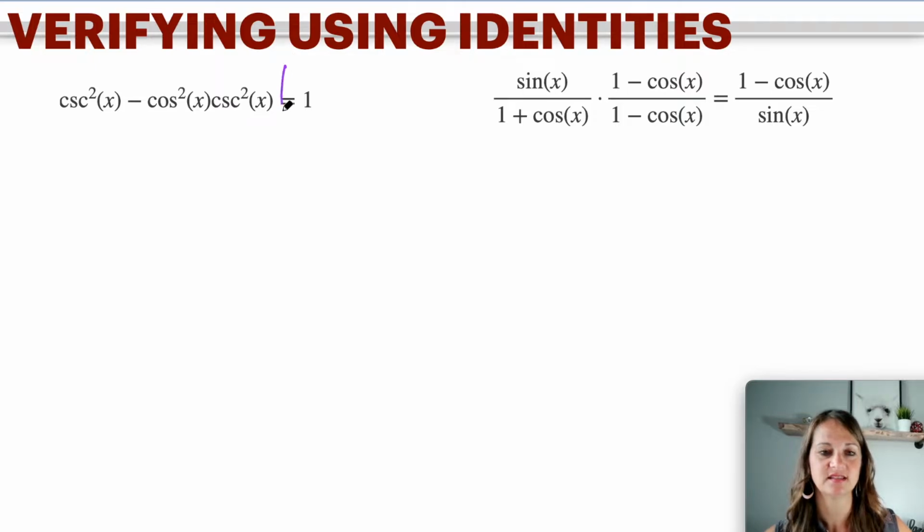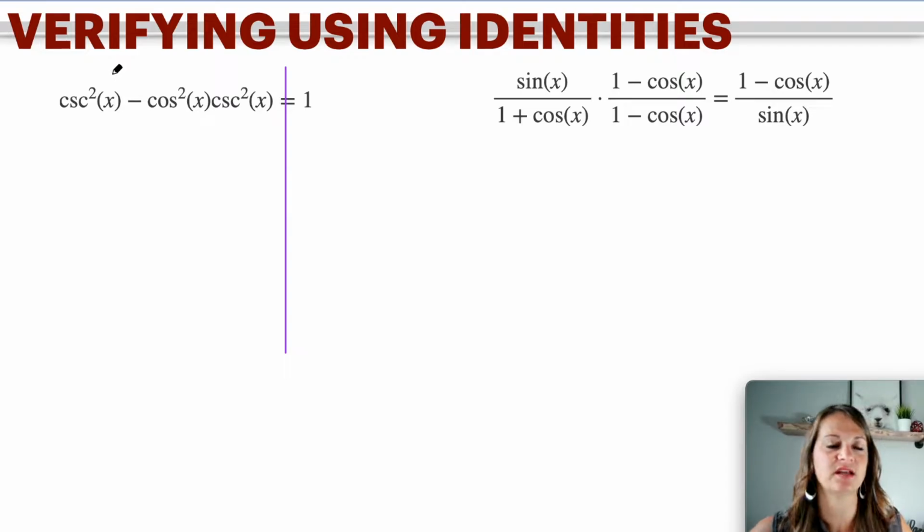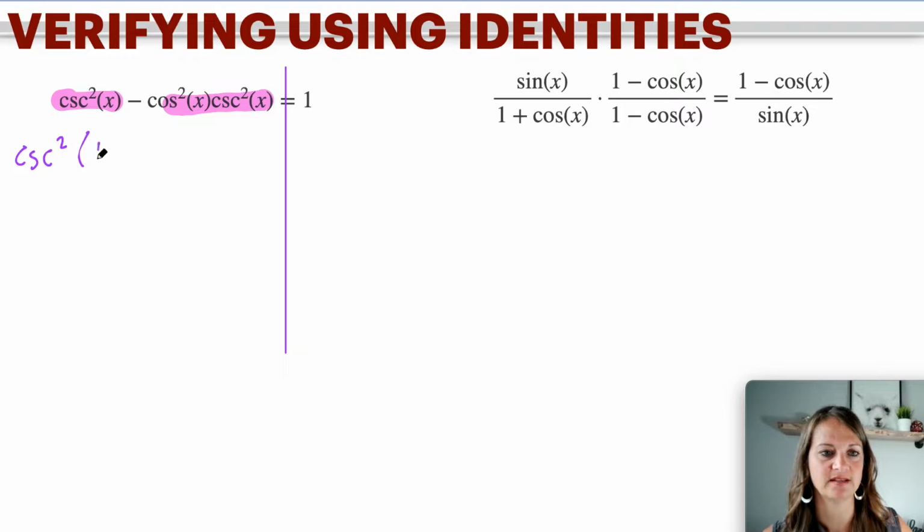So in this case, draw a line. Now, we can go ahead and put everything into sines and cosines if we want to. But first thing I notice is that you can factor a cosecant squared out front, and I'll be left with 1 minus cosine squared, because that term is in both expressions.